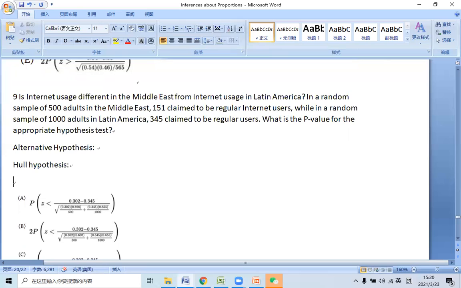What do we know? Middle East, 500. The sample from the Middle East is 151 out of 500.